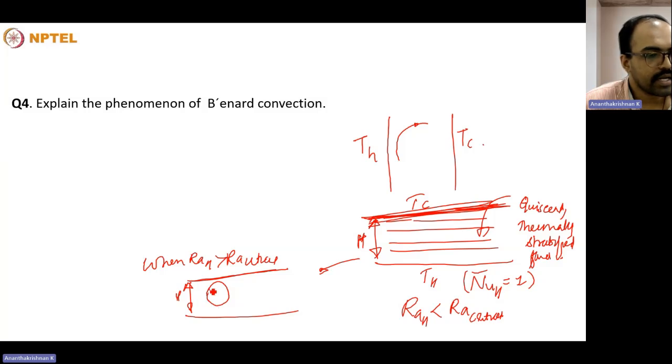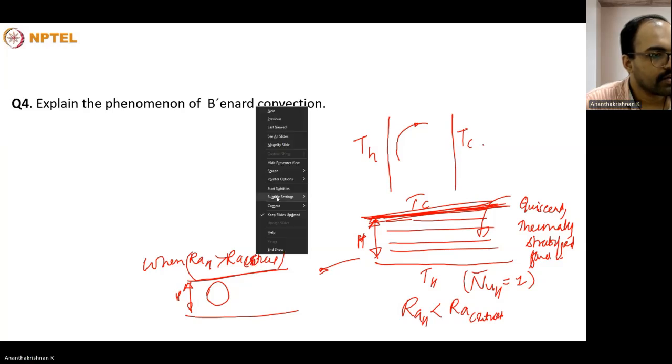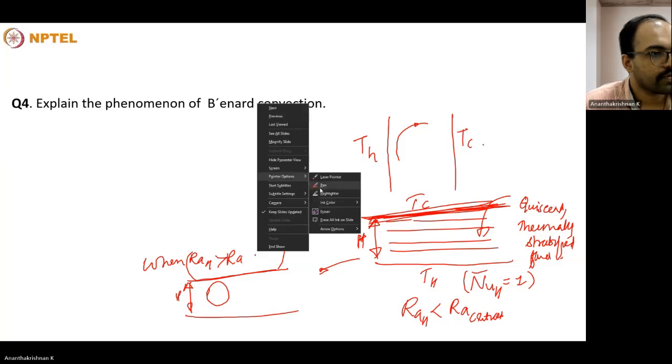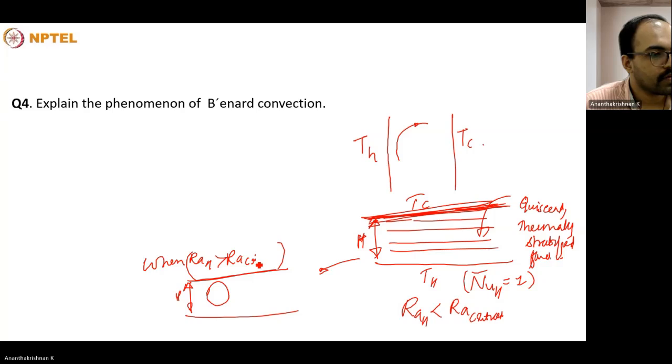So once the Rayleigh number is above the critical value, the convection sets in.